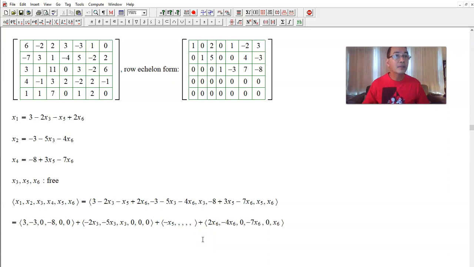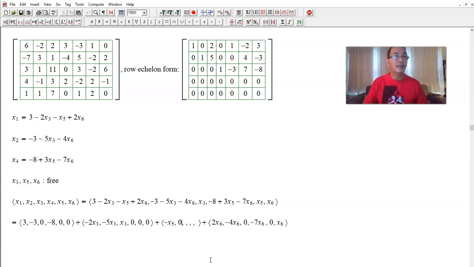In the second component, I see, oh, that's why, because there is no x5 in the x2 component. We have a 0 in our column 5 where the leading variable is x2. That's what threw me off, but that's okay. It's commutative.